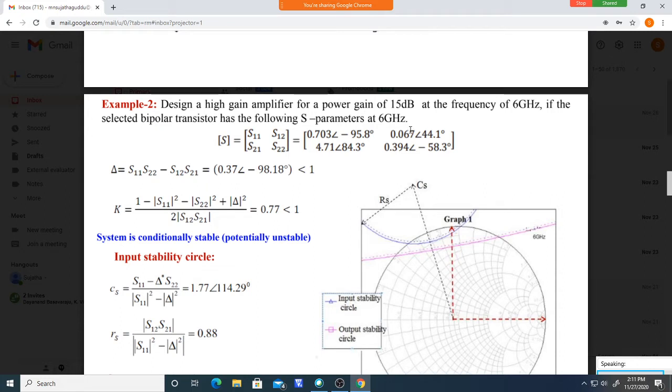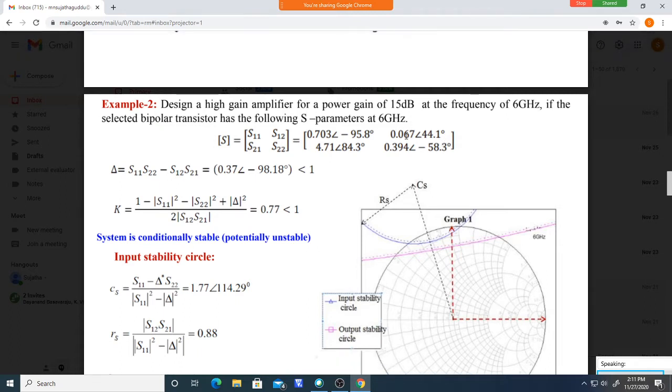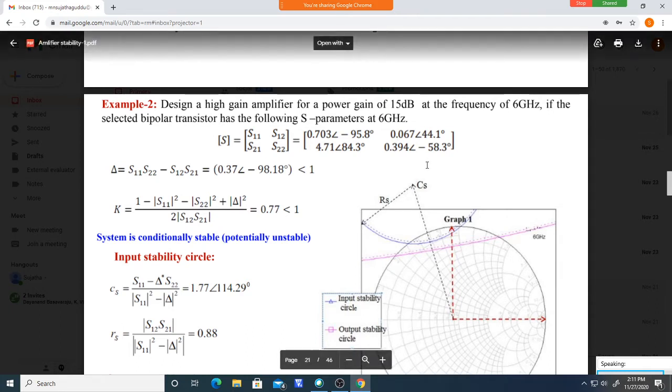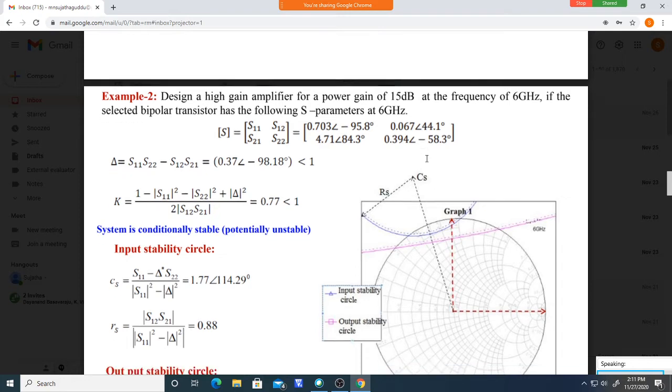There may be an error. But as I already said, even if S12 is not equal to 0, we can still use the unilateral design equations if the error introduced by this assumption is less than some specific value. That we did in the earlier topics.